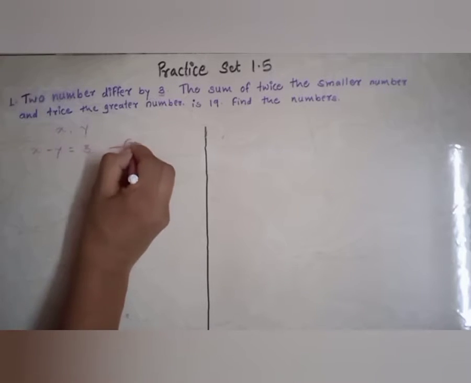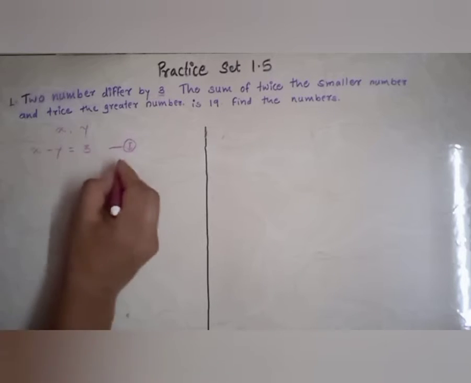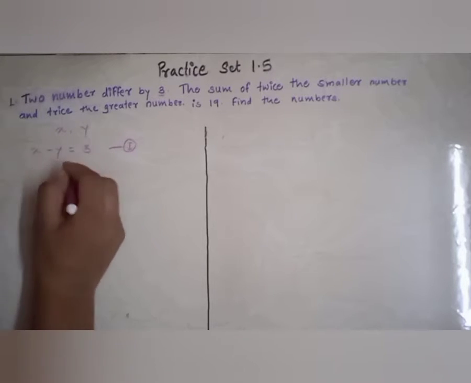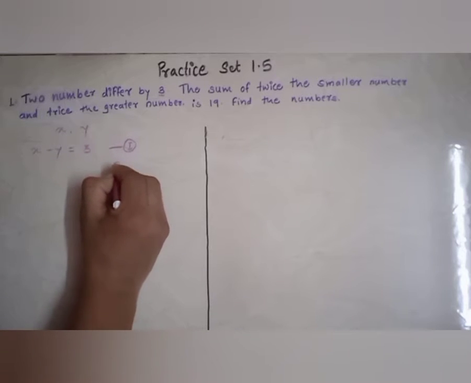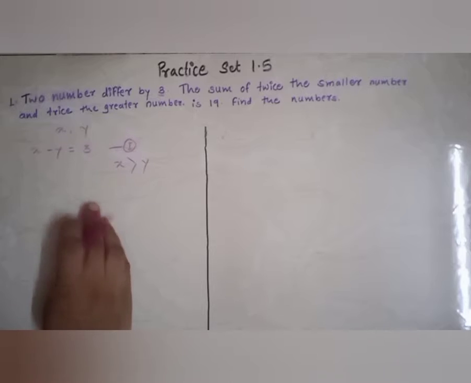This is our first equation. Write down the condition here: x is greater than y, because we are going to subtract y from x and get 3, so x will be the greater number.